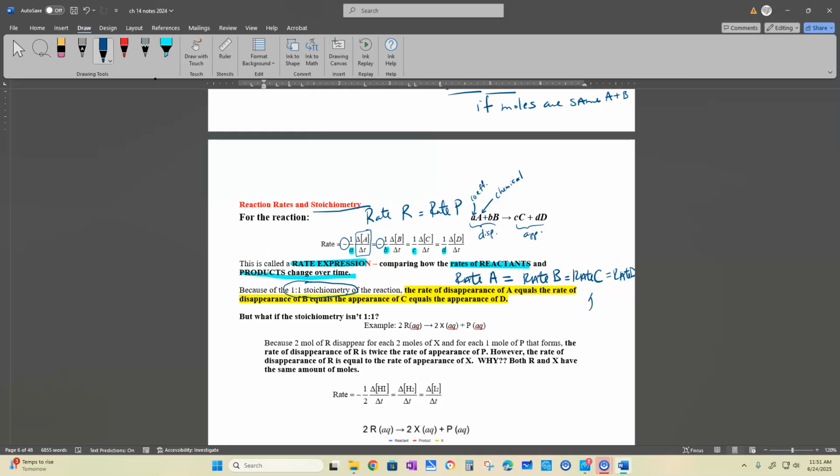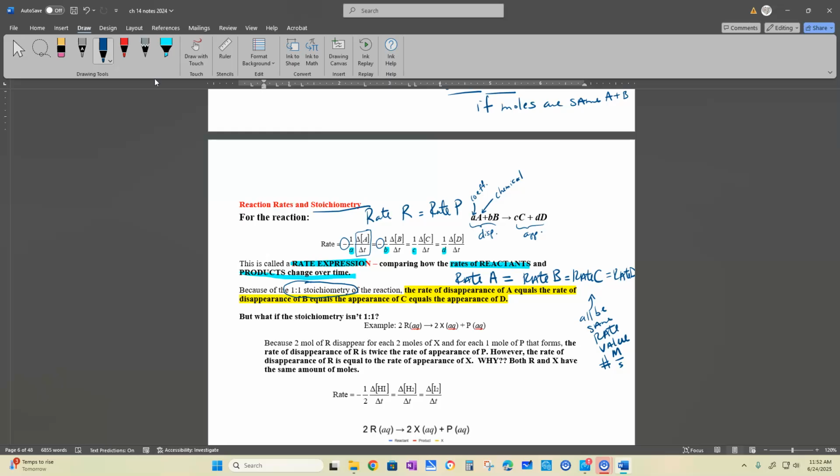They're going to all be the same rate value, whatever that number is, molarity over seconds or minutes or hours.